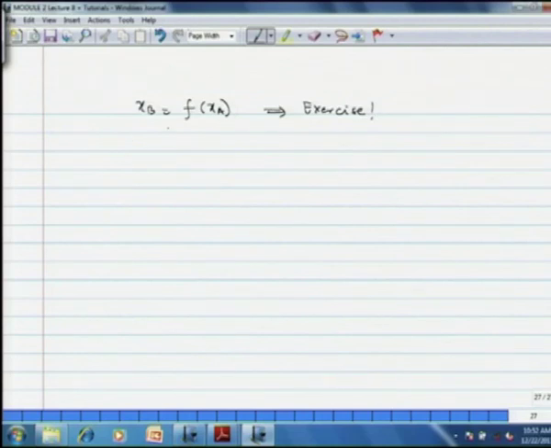I will give the final form of quadratic which you can solve. MK into XB square is equal to XA into 1 plus XB into K minus 1. This is what you get if you expand the previous equation, which you can rearrange in the form of our regular quadratic equation ax square plus bx plus c.